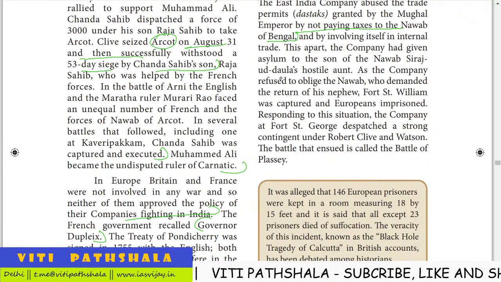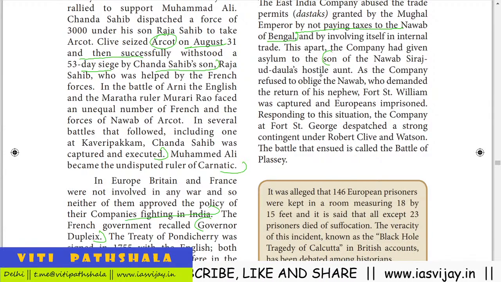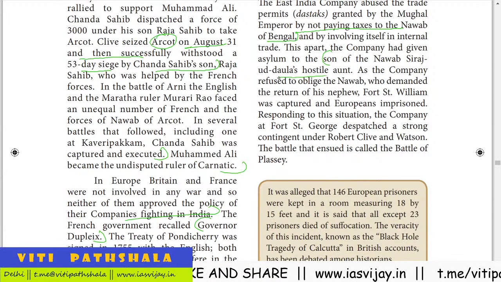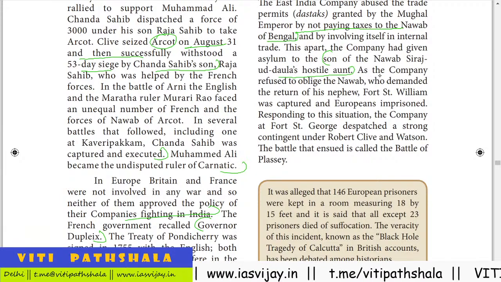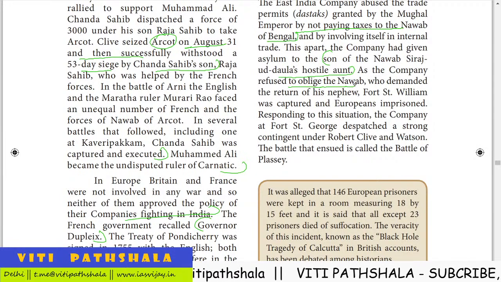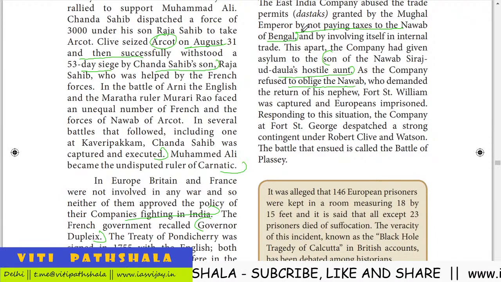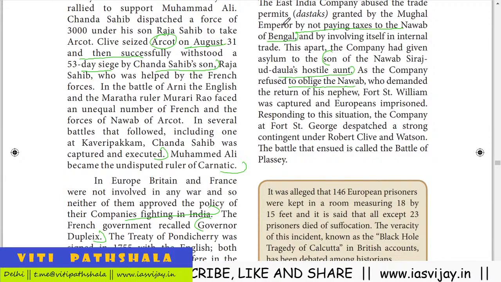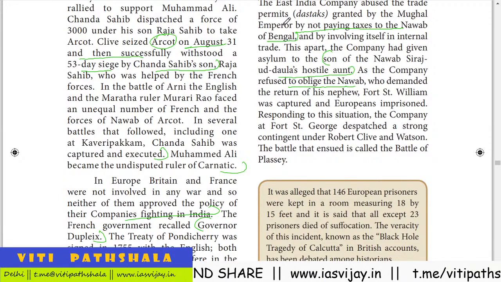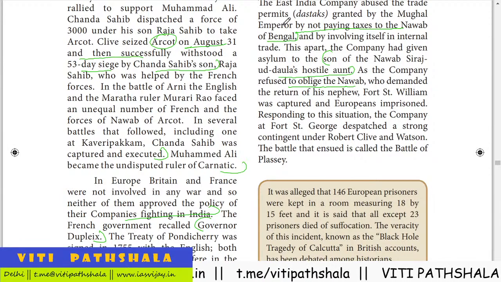Apart from this, the company had given asylum to a relative of the Nawab Sirajuddaulah's hostile aunt, as the company refused to oblige the Nawab, who demanded the return of his nephew. Fort St. William was captured and the Europeans were imprisoned.